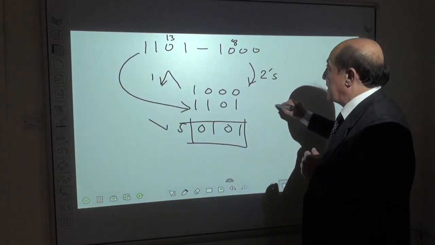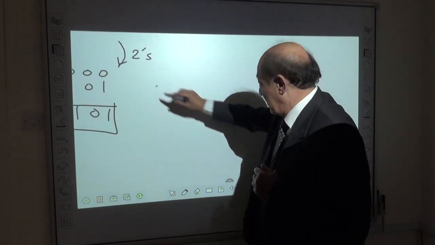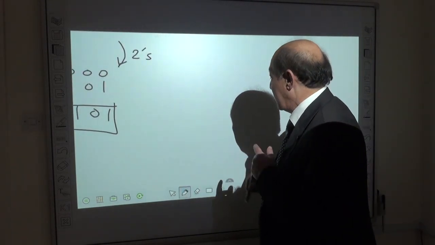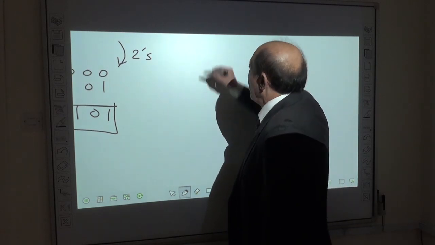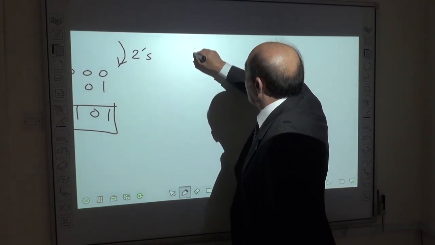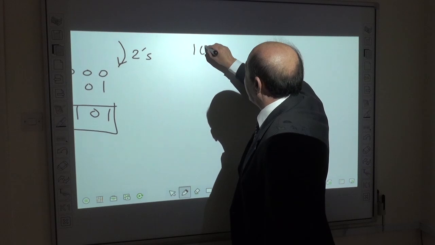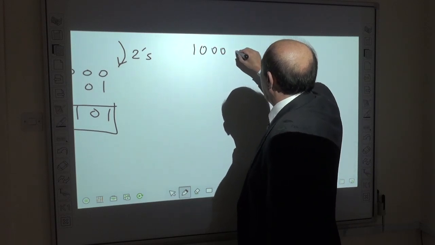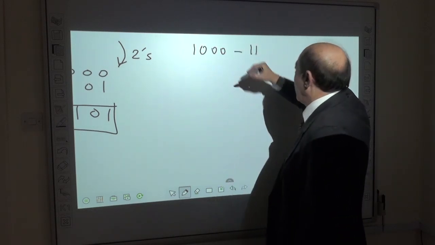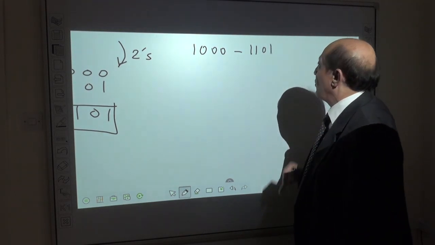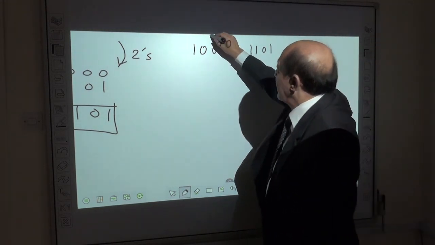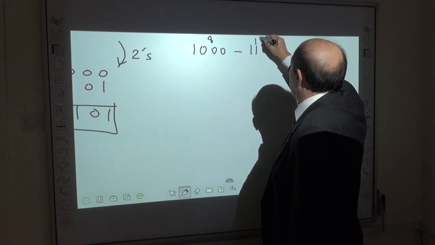I'll take another example, where the result is negative. For example, we are subtracting 1000 minus 1101, vice versa, 8 minus 13.